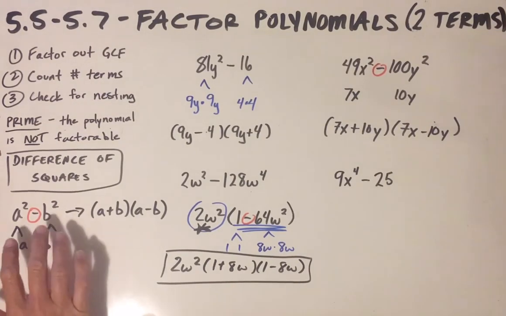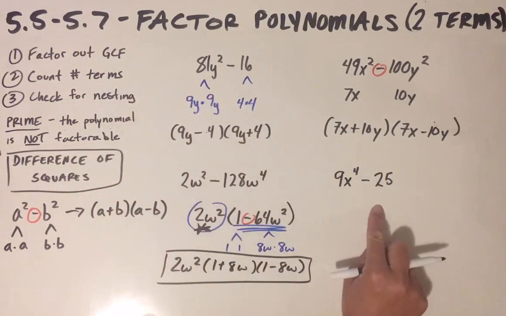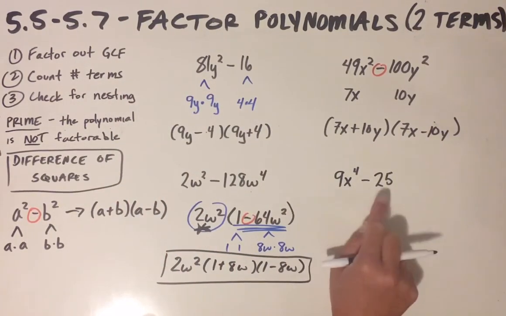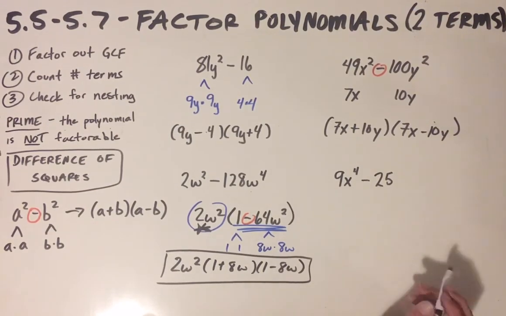Also want to point out that this again is just a general form. I could have something bigger than a squared here. I could have a fourth, just like we did here, or a sixth, or whatever the case is. But I'm going to say, is there a GCF in this last one here? 9 and 25 have no common factors. There's no x here, so there's no GCF. So I'm going to say this is a difference.